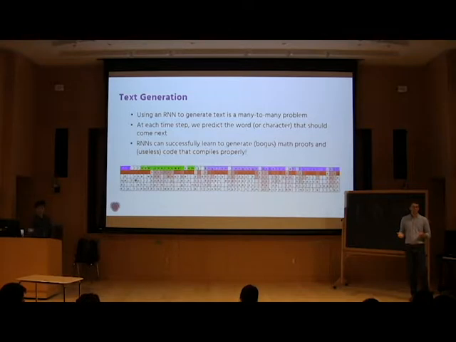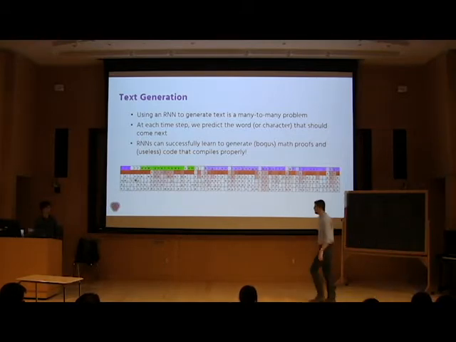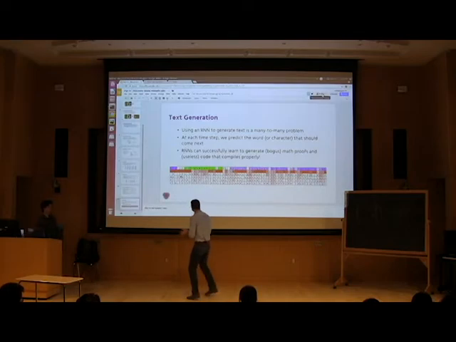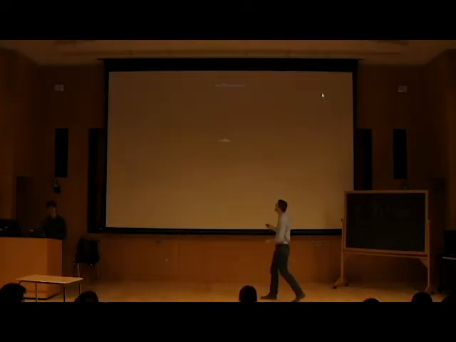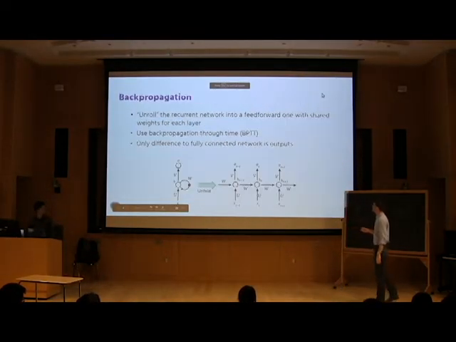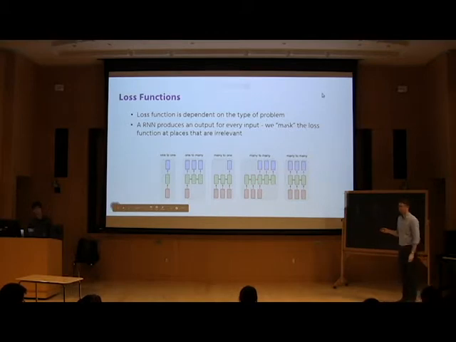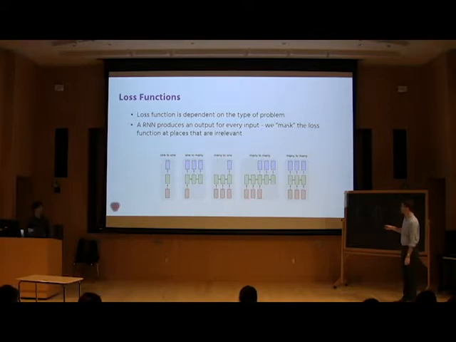For example, if I'm trying to do a copy problem where I have some sequence, and then this one says, start generating the output, which should be the same as the input, then presumably the network needs to memorize what it saw.